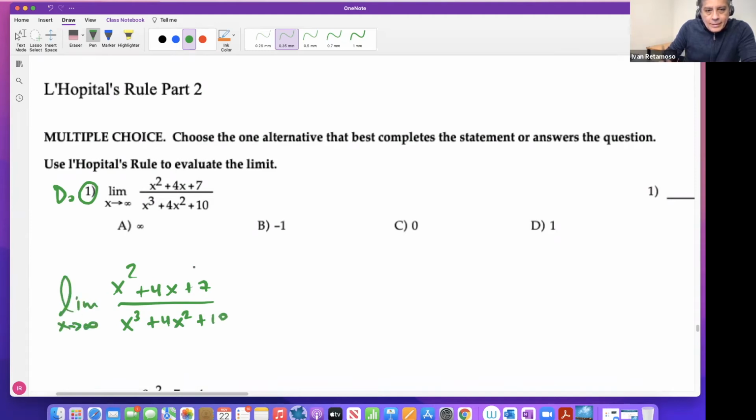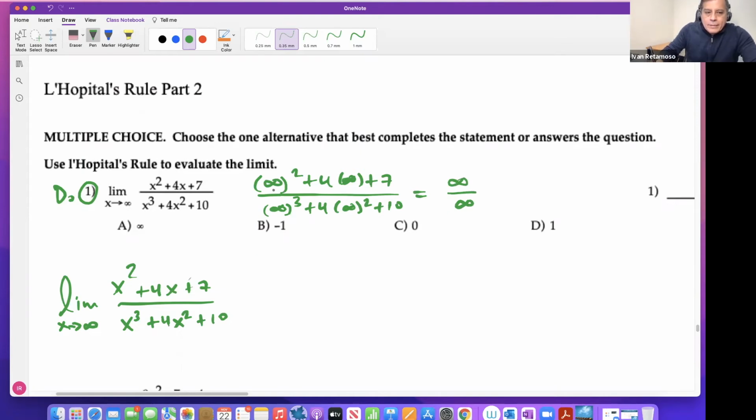Notice that if you apply just direct evaluation, you're going to end up with infinity over infinity, right? So therefore, we have to apply L'Hopital's rule.